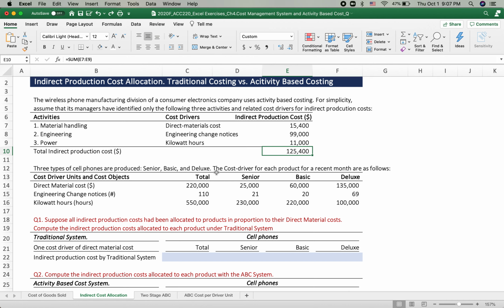The cost driver for each product for the recent month are as follows: direct material cost, number of engineering change notices, and the kilowatt hours. And then those cost driver units are allocated to each cost object.